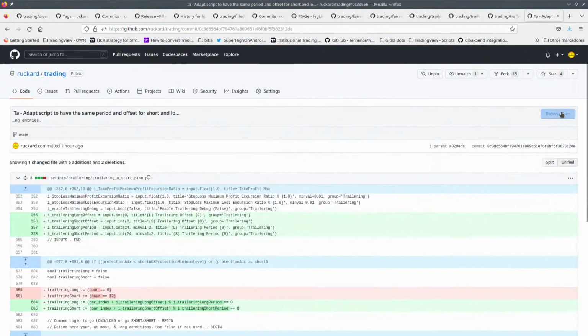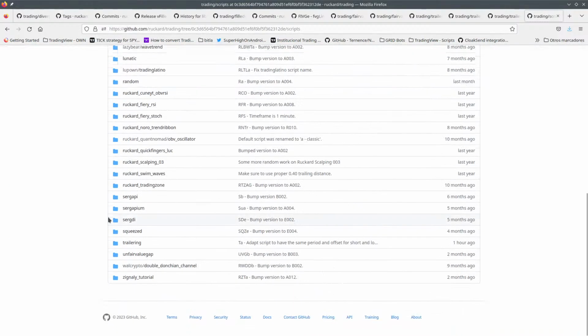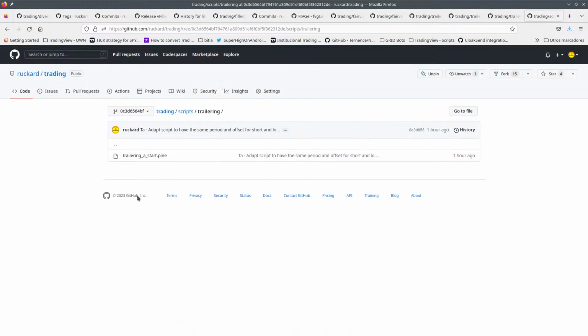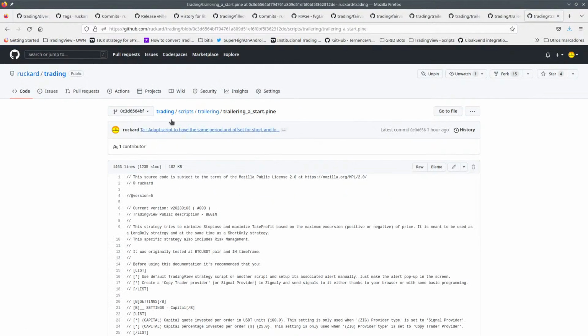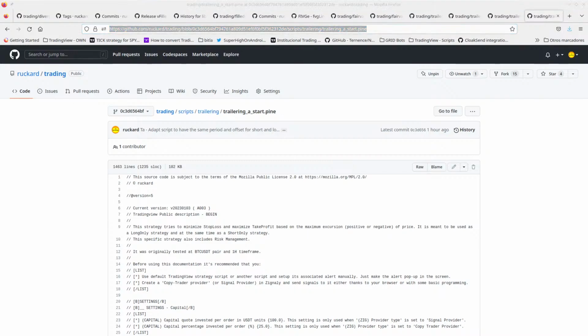Okay, so browse files, add this commit, this one here. Okay, so let's edit the video description here. We have this new version.